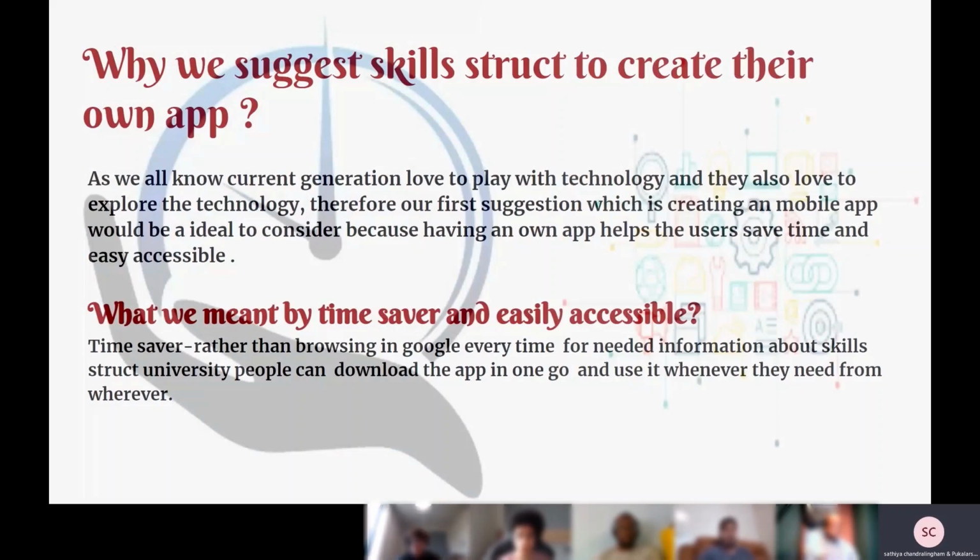Therefore, our first suggestion was creating an own mobile app, which is an ideal consideration because having an own app helps users save time and is easily accessible. What we meant by time saver and easily accessible: rather than browsing in Google every time for needed information about SkillStruct University, people can download the app in one go and use it whenever they need, from wherever.